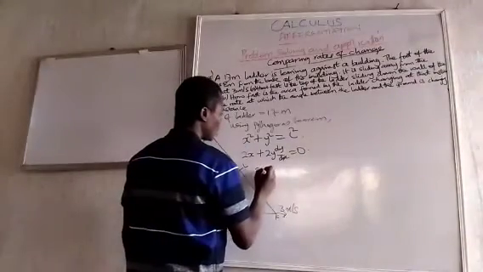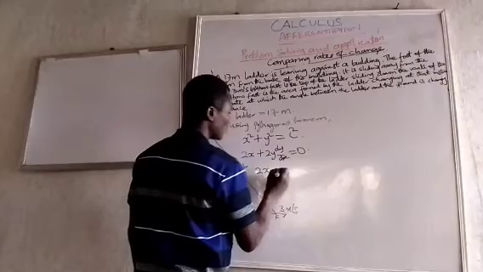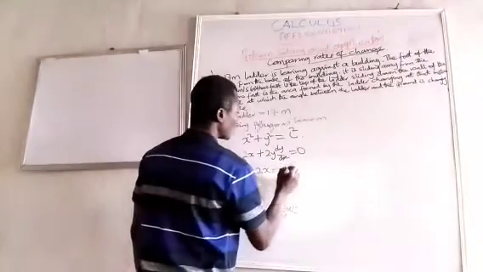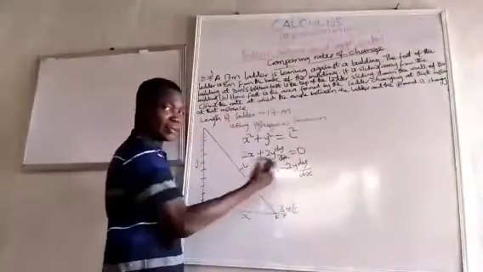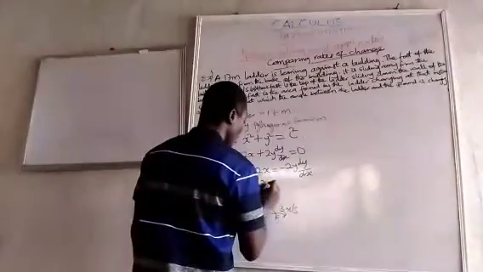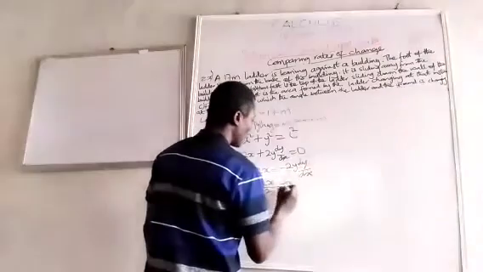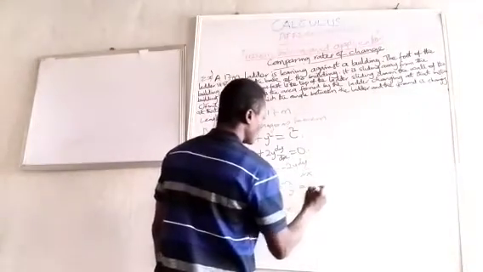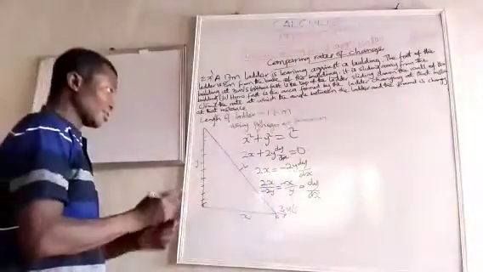Therefore, 2x is equal to minus 2y dy/dx. So let's divide both sides by minus 2y. So we have 2x over minus 2y, which is minus x over y, is equal to dy/dx. Making it very simple. That's what I'm trying to do.